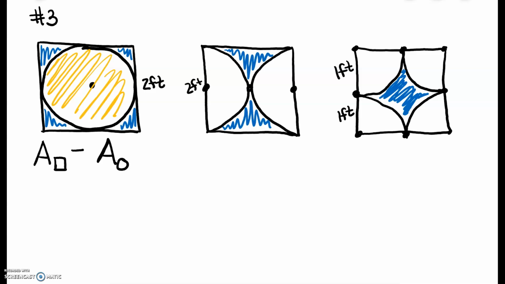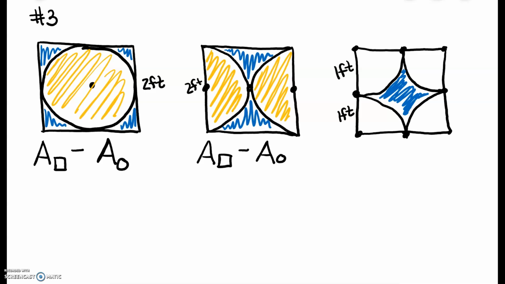Okay, so how about in the second problem? Well, I have the same thing, because if I put these two circle halves together, I get a nice whole circle. So again, I have the area of the square minus the area of the circle.